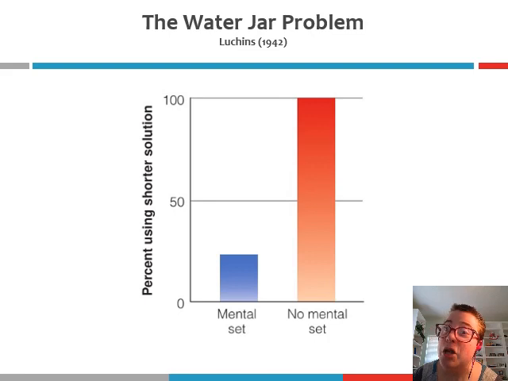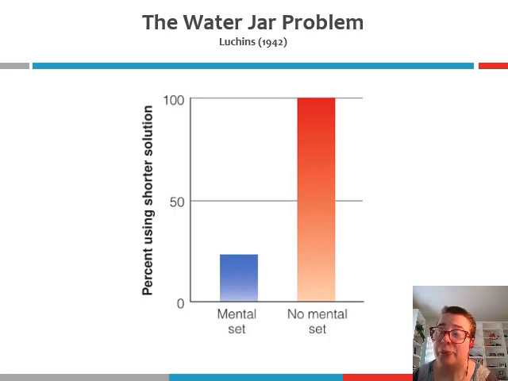And in the no mental set group or the control group, participants just solved problems 7 and 8 without any of the earlier problems or without a demonstration, right? So they started with problems 7 and 8 and had no prior experience with the B minus A minus 2C solution, right?